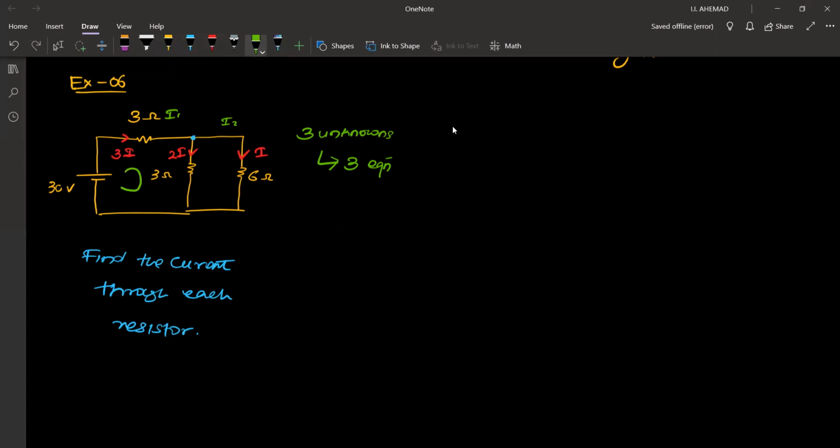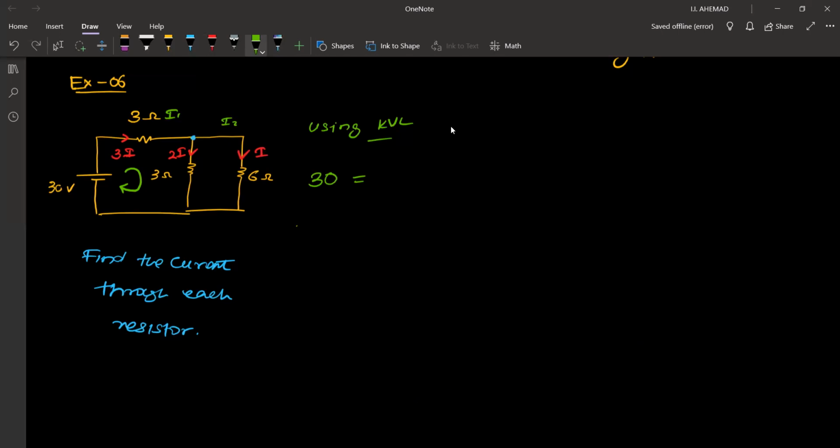Now, let's apply Kirchhoff voltage law. Let's apply Kirchhoff voltage law for any loop. You can apply for any loop. I'll consider this loop. In this loop, what is the total EMF? In this loop, using KVL, the voltage in this loop is 30, which is equal to the potential drop.